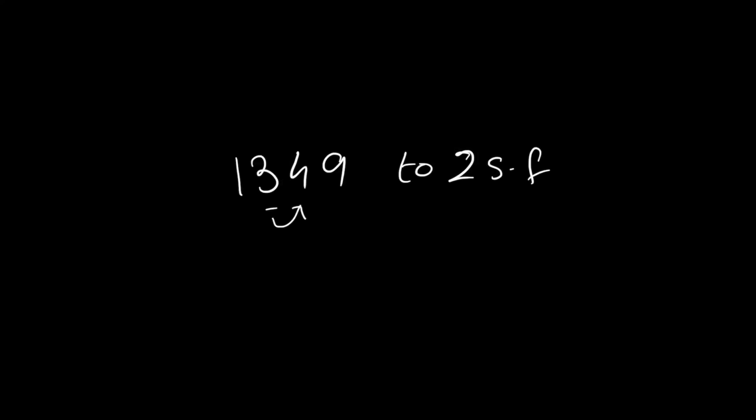In the third case, if it's a number like 1349 to 2SF, we look at the digit after it, and since it's less than 5, you have to round it down. So it will become 1300, which shows that it is closer to 1300 than 1400.